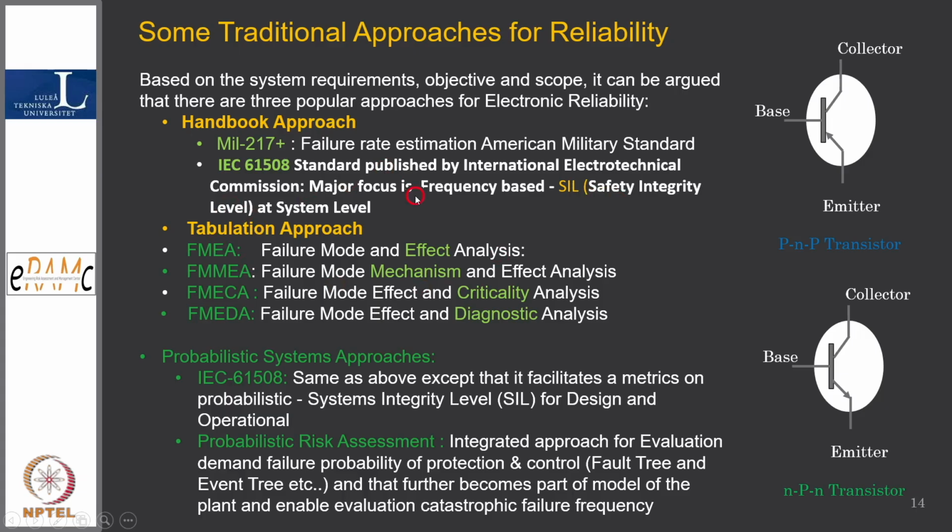It is probabilistic in nature also, because it talks about frequency and what systems will need SIL, safety integrity level 1, 2, 3, 4. There are industries where the overriding factor is safety only, like the nuclear industry.